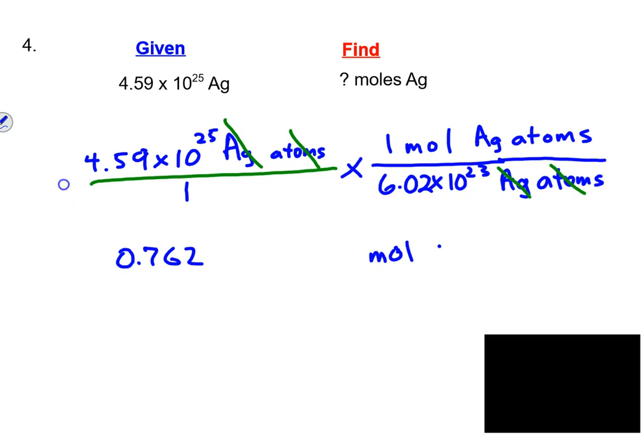This is moles of silver atoms. And then in between, I'm going to do my power of 10 calculation. And so I've got 10 to the 25th. I'm going to do it like this. This is a little weird, but I think it's nice because it kind of ties it all up in a nice little package here. 10 to the 25th is on top, and 10 to the 23rd is on the bottom.